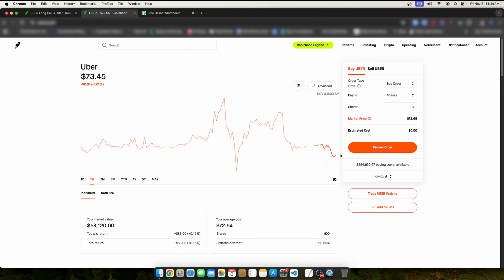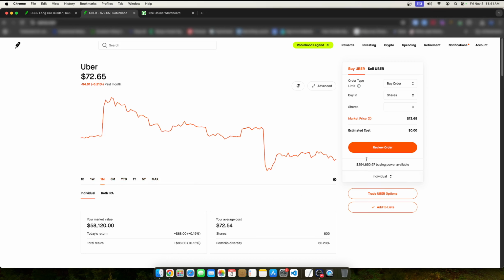It's not a drastic ask for the stock to reach somewhere here, for example. It's not that hard. If we look at it in the past month, even then, it might not be such a hard ask for it to go up in value. Now, it could be a little bit risky because the chart is bearish. It could be, but overall, it's not that risky of a bet.